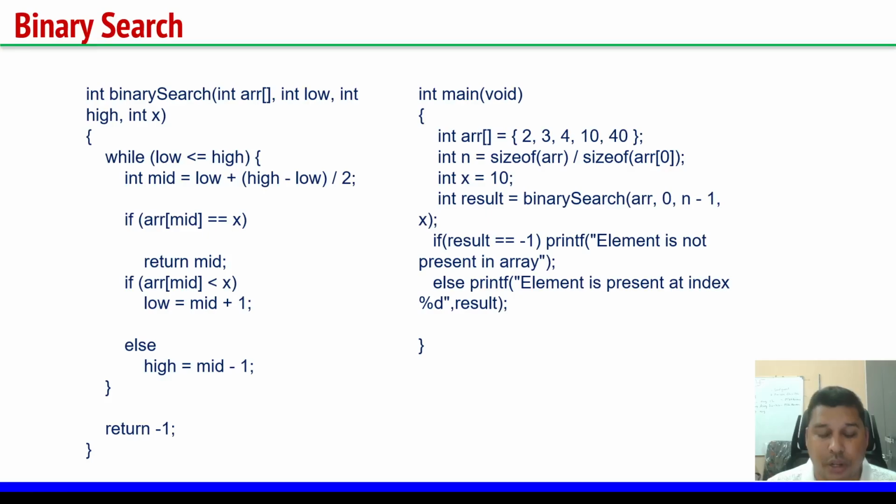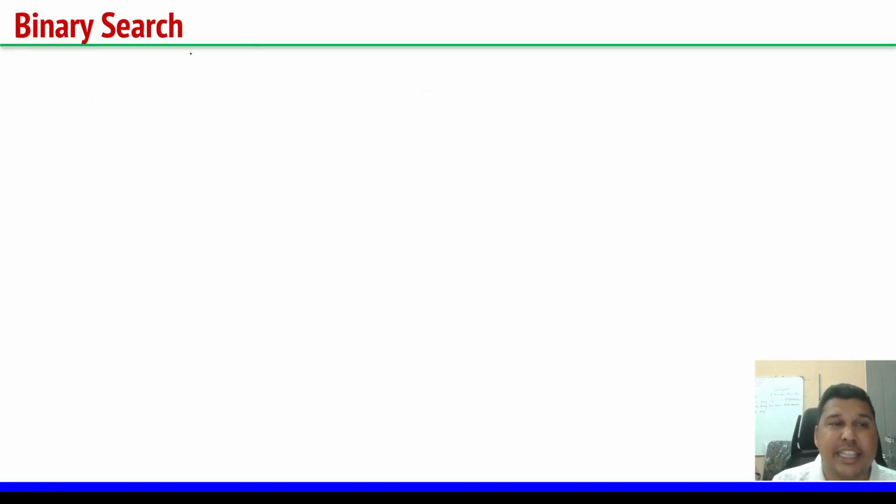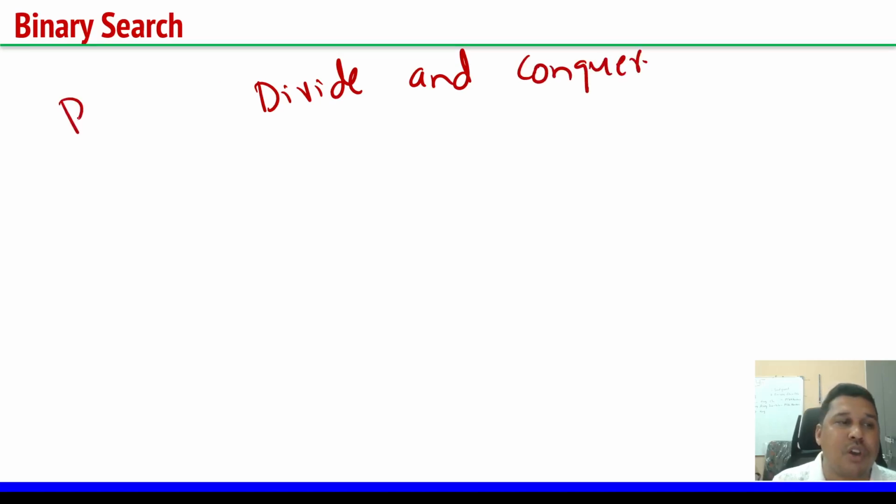So the underlying concept in this binary search is divide and conquer. This is a problem solving technique. There are many problem solving techniques, and one among them is divide and conquer.